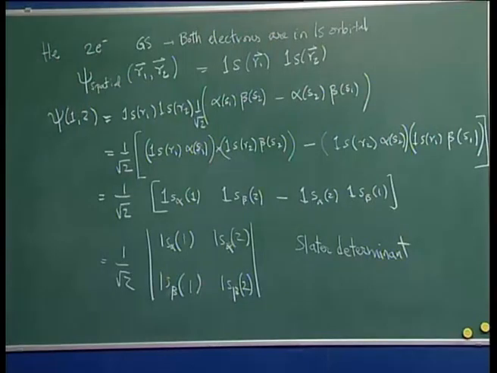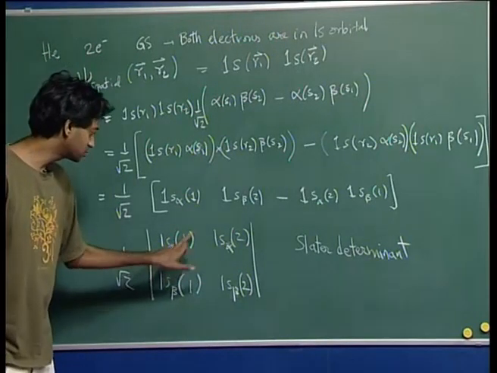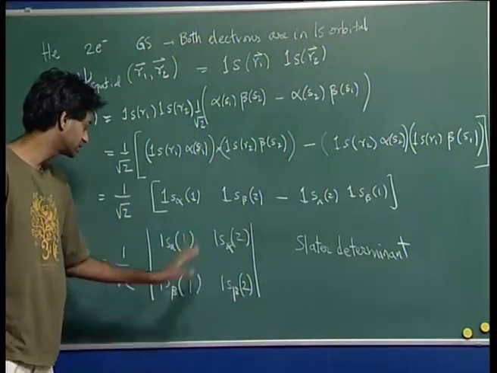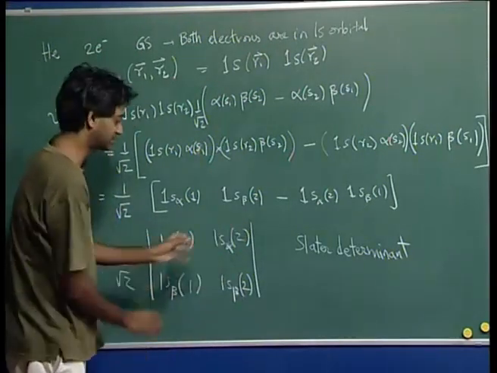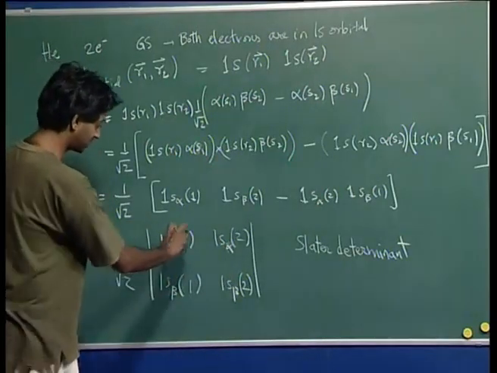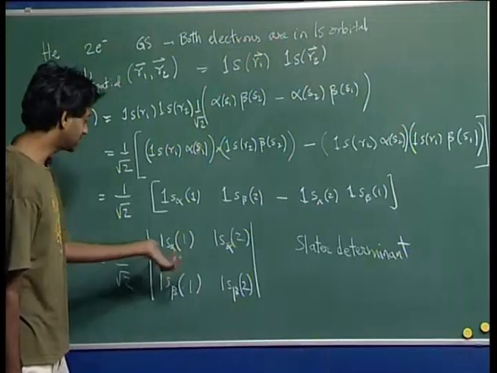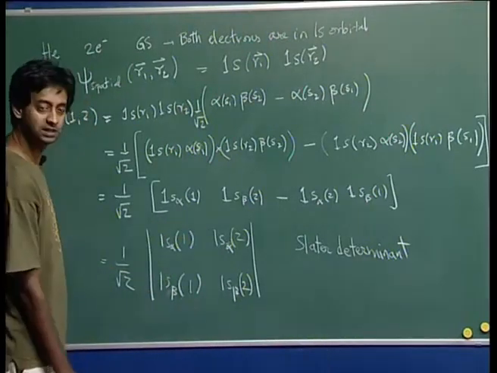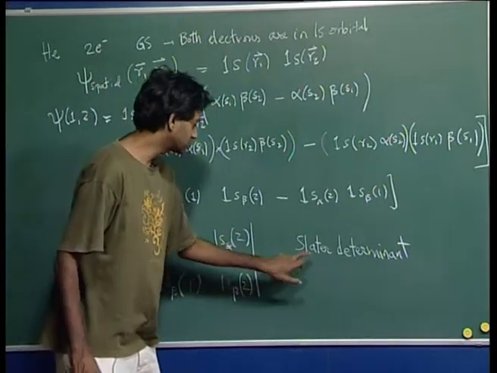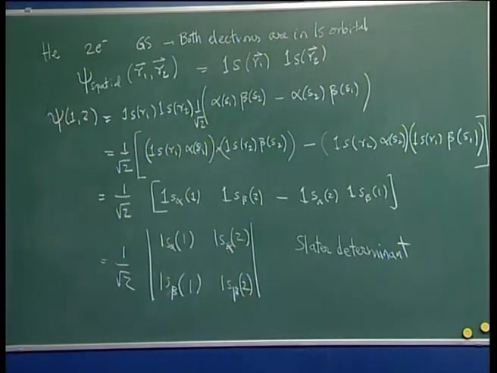If I switch the coordinates of 1 and 2, it is exactly equivalent to switching 2 rows of a determinant, and so when I interchange 1 and 2, I am changing the sign of the determinant. So the Slater determinant ensures that your wave function is antisymmetric.